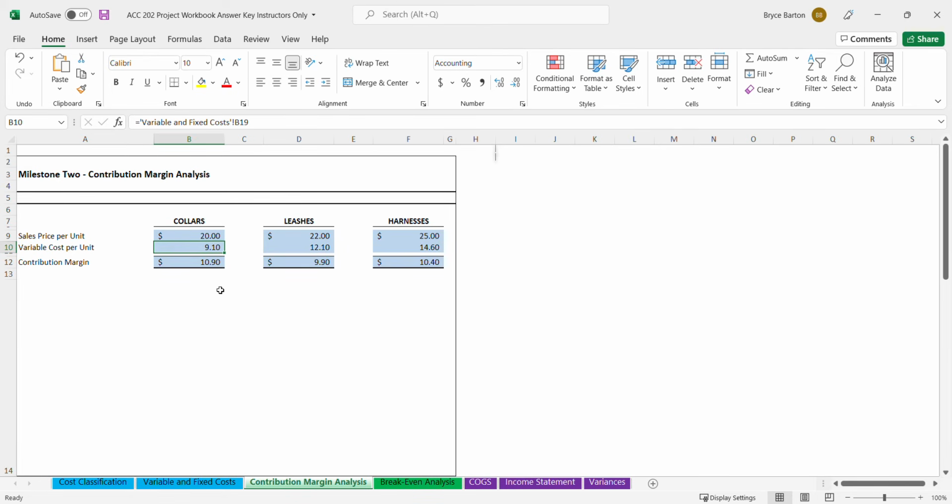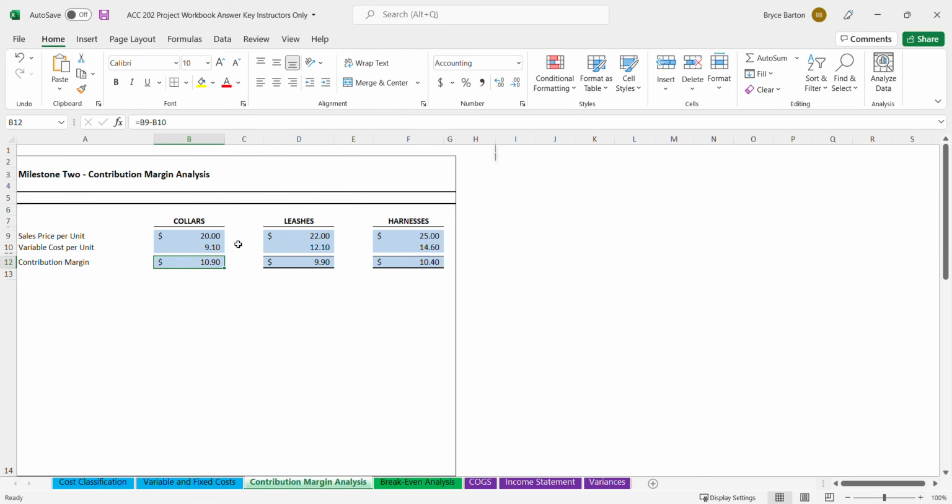That's pretty cool. Then I did the sales price per unit minus the variable cost per unit, and that gives you your contribution margin.